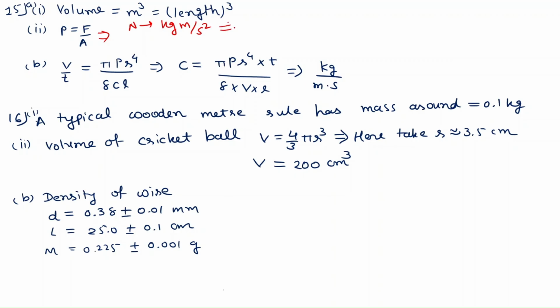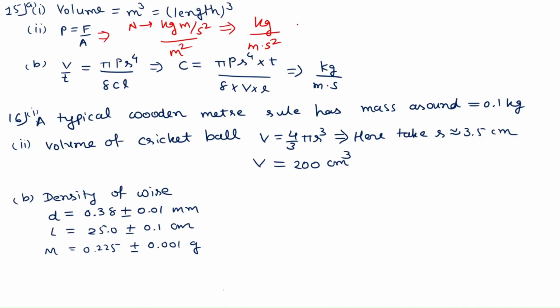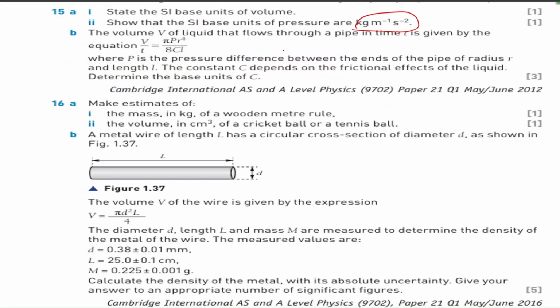Area has a unit of meter squared. If you divide, you get kilogram per meter second squared. From that you get the same units, and you show the same result.